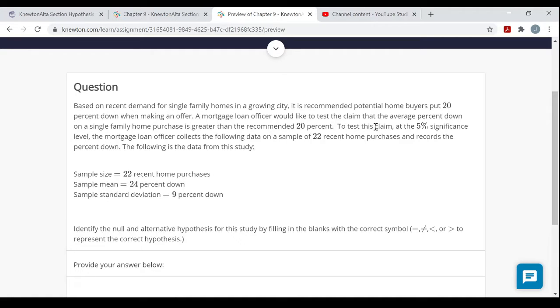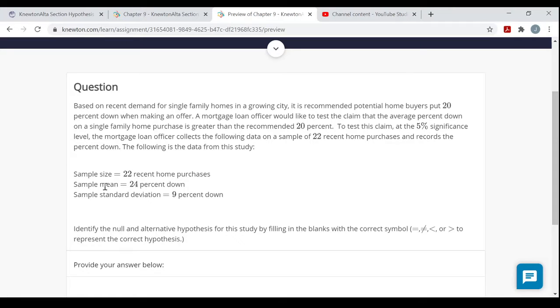To test this claim at the 5% significance level, the mortgage loan officer collects the following data on a sample of 22 recent home purchases and records the percent down. So here's all the information. The loan officer took a sample of 22 recent home purchases.